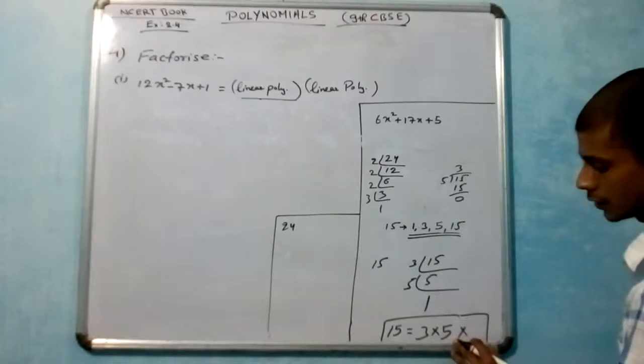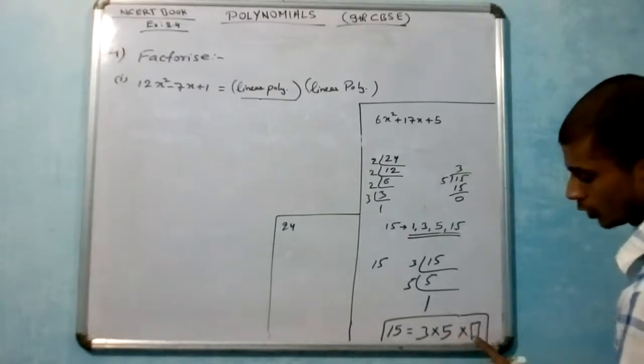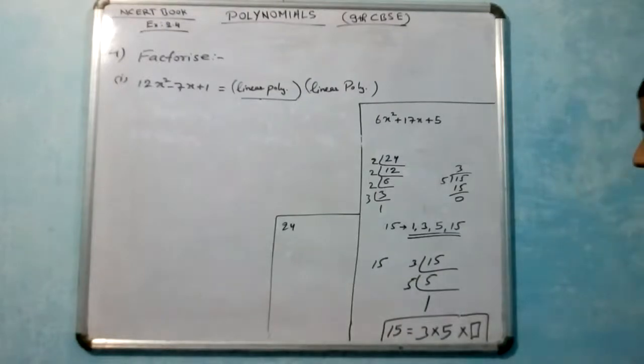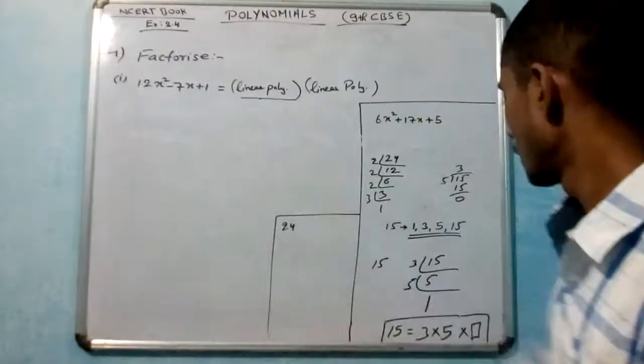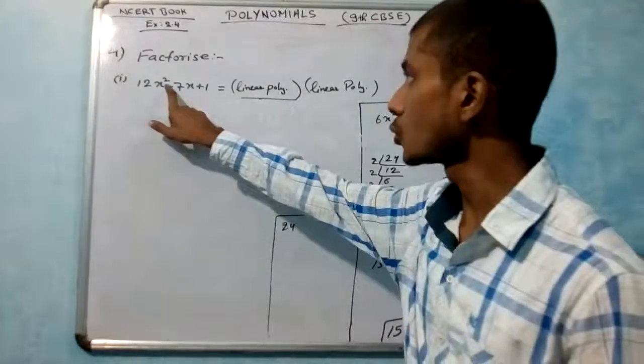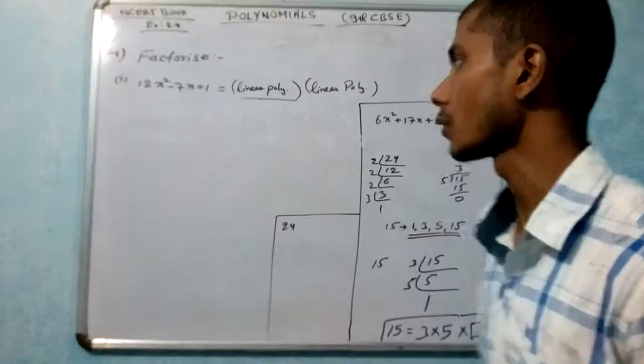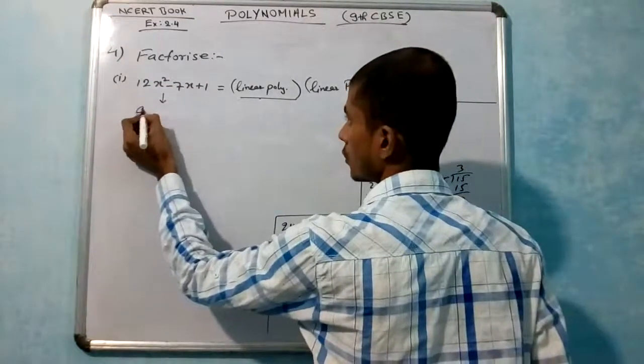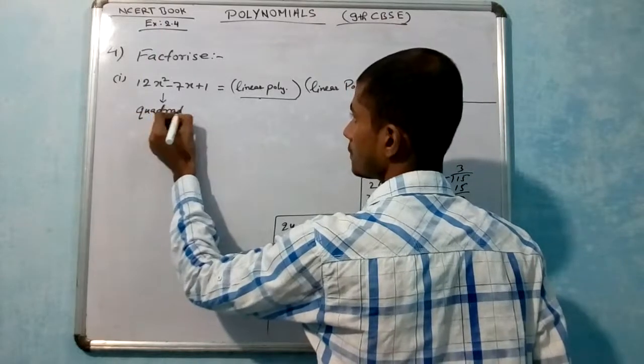Then we say 1, 2 and 3 are the factors of this. So in that case, you must have a cubic polynomial. This one is quadratic, degree 2.